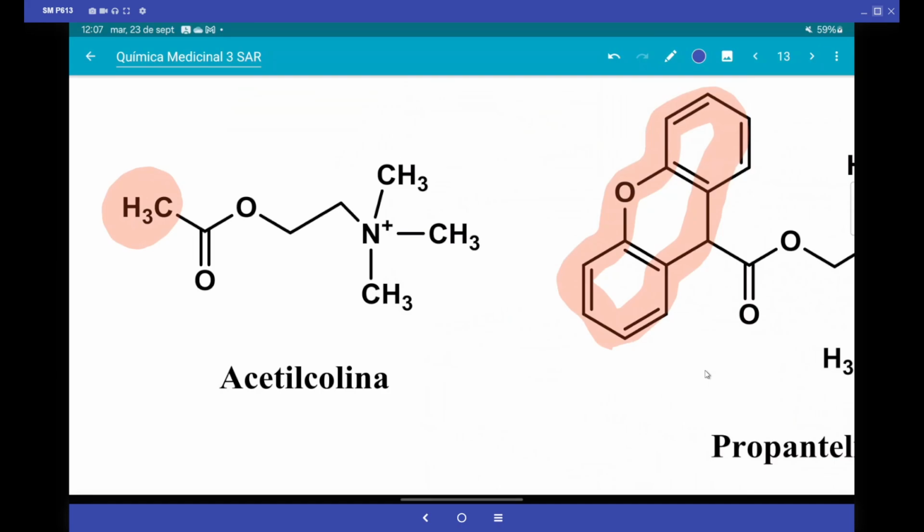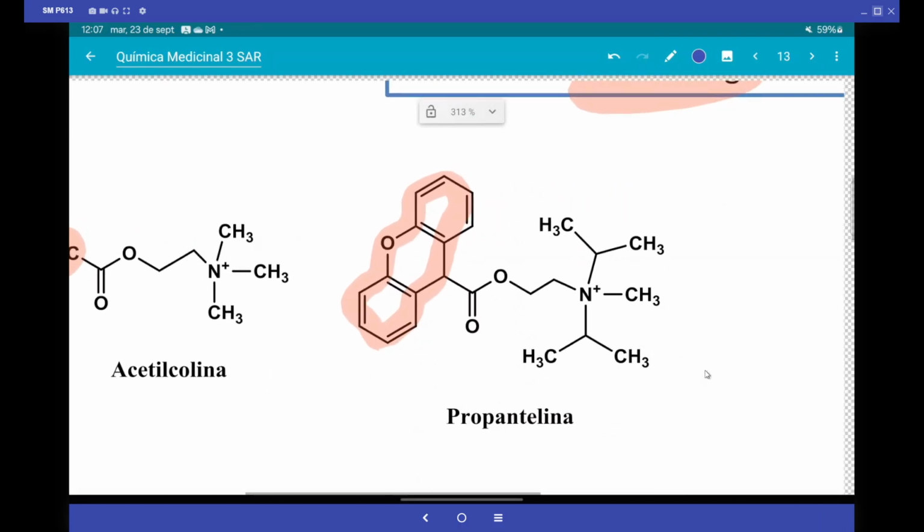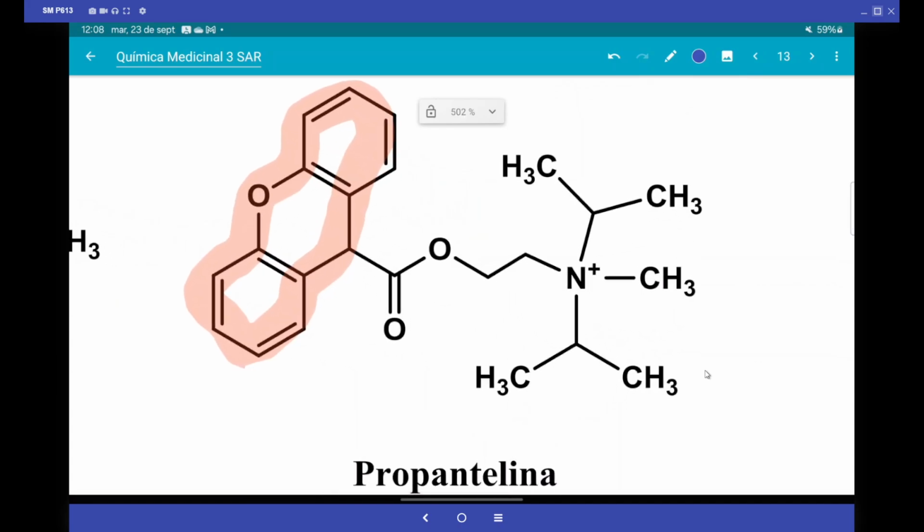If the union occurs in an orthosteric site, of course, it favors the endogenous ligand acting in a better way. If so, it would be a positive allosteric modulator. In this particular case, look at acetylcholine: the methyl group, the aromatic system.